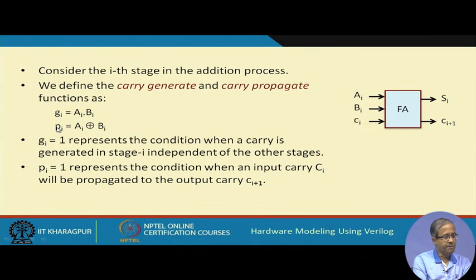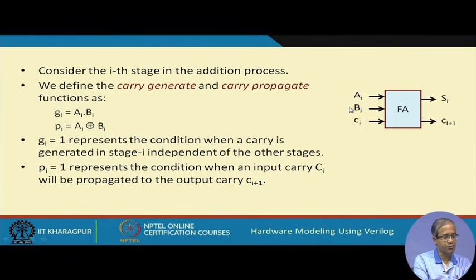And propagate, carry propagate, represents the condition. It says when the input carry will be propagating to the output, what is that condition? The condition is that exactly one of a and b should be 1 and the other should be 0.